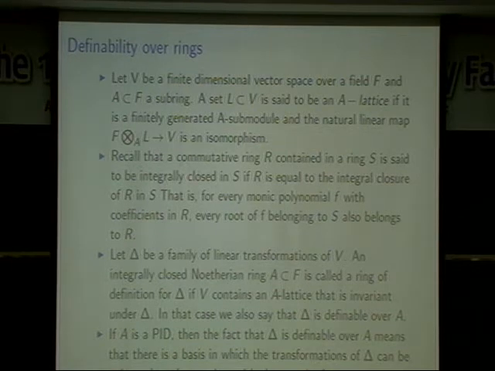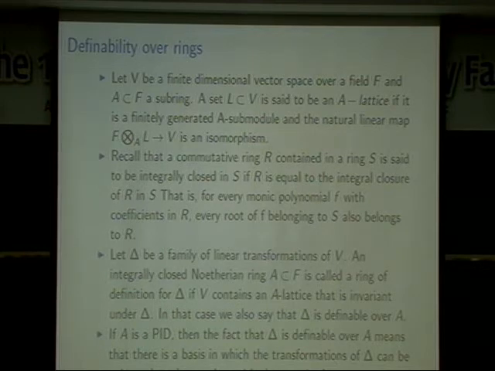Let delta be a family of linear transformations of V. An integrally closed Noetherian ring A in F is called a ring of definition for delta if V contains an A lattice that is invariant under delta. In this case, we also say that delta is definable over A. So this is the definition of definability over rings.